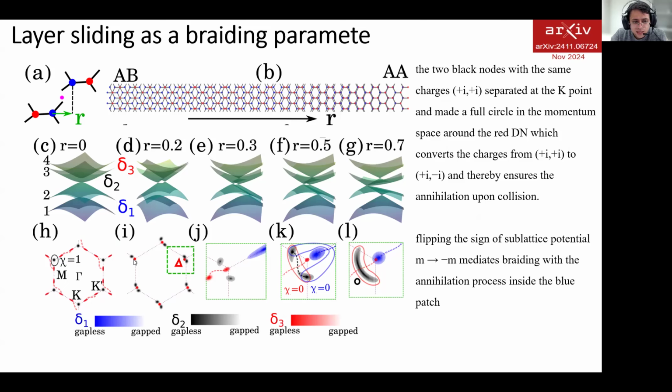Interestingly, we found that in addition to band inversion, two Dirac nodes from the upper bands appear at the K point, and by slightly shifting the layers, one of them moves very fast to the middle of the Brillouin zone, but one remains at the K point.